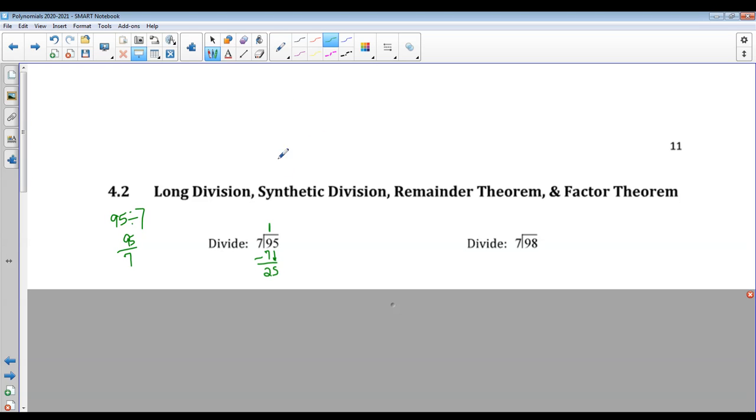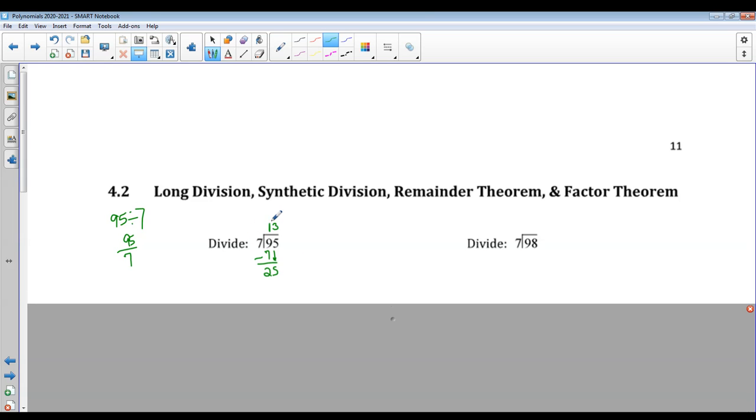5 comes down, and we do it again. 7 goes into 25 3 times. 7 times 3 is 21. And we are out of numbers to bring down. So we're done. So our answer, 7 goes into 95, 13 and 4/7 times. So 13 remainder 4.